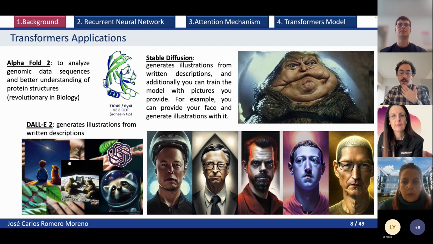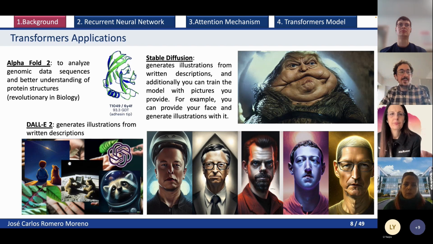I don't know if you heard some news that in some universities, they are facing a lot of issues because a lot of students are using ChatGPT to do their assignments, and it's impossible to know if this text was done by them or generated by ChatGPT.